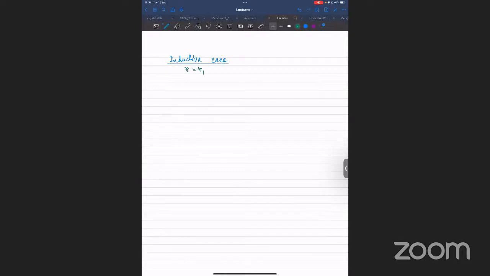R equal to R1 dot R2. So you have a regular expression R corresponding to A. So A equal to L of R, which is equal to, and what are we going to prove?